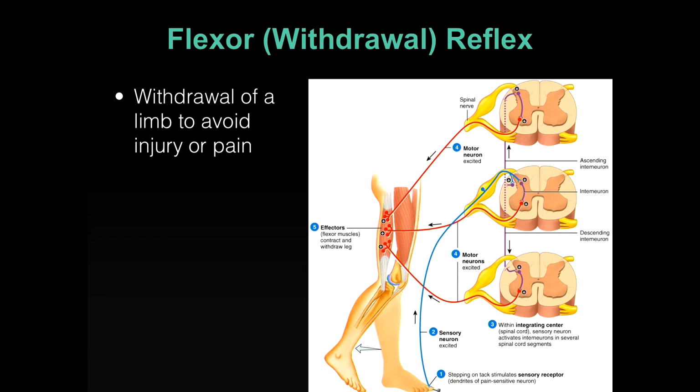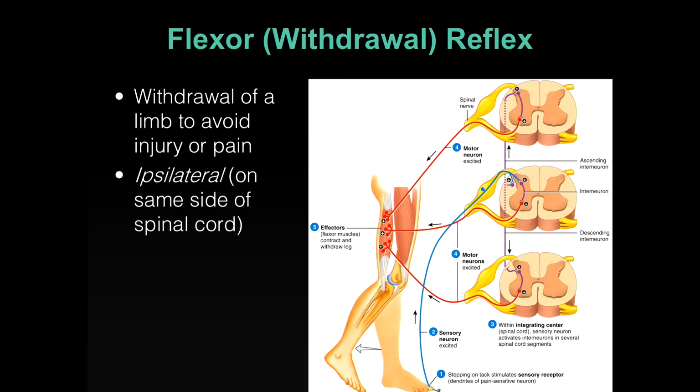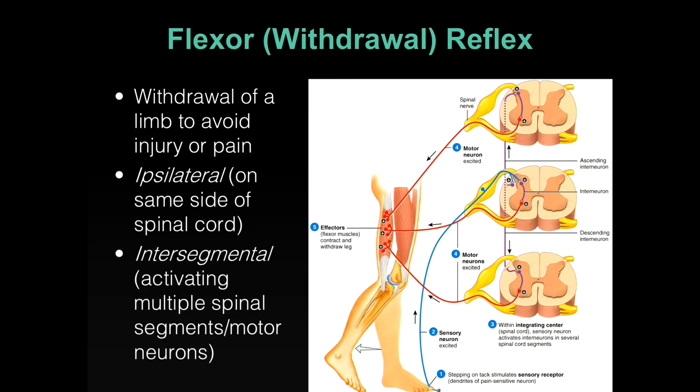Generally, more connections means more efferent signal, a faster, quicker withdrawal, right? More engaging contraction. We're still talking about a circuit on the same side of the body. Again, it's ipsilateral. But this is what we call intersegmental. It's not just at one level in the spinal cord.